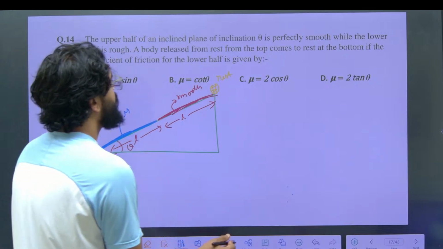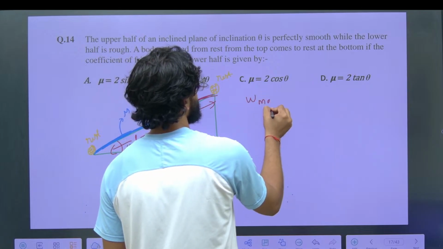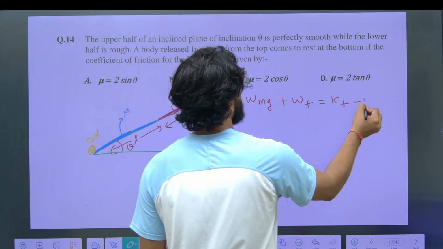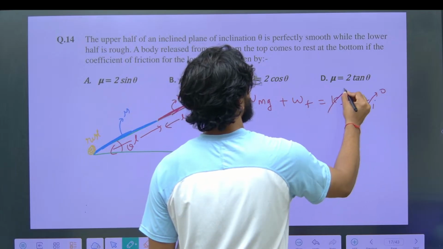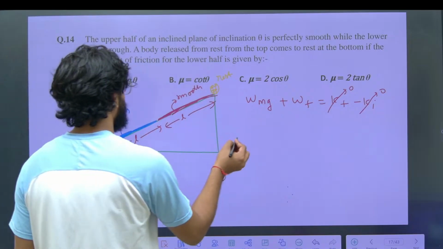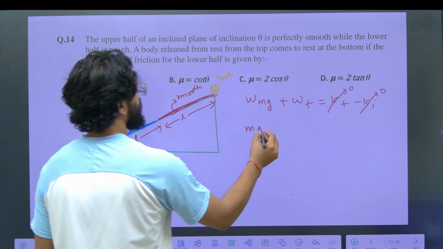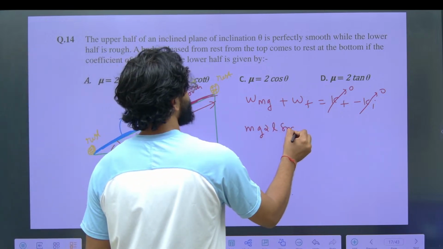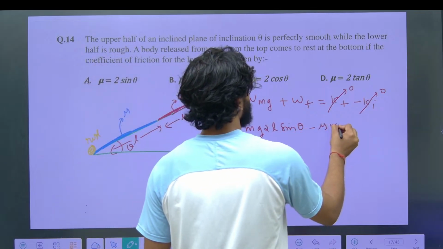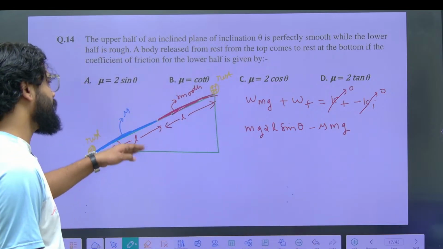So by the work energy theorem, work done by all forces, which is mg plus friction, equals kf minus ki. Initial is 0, final is 0. Work done by mg will be mg into 2L sin theta, and work done by friction will be negative mu mg cos theta into L, because friction acts only in the rough part.